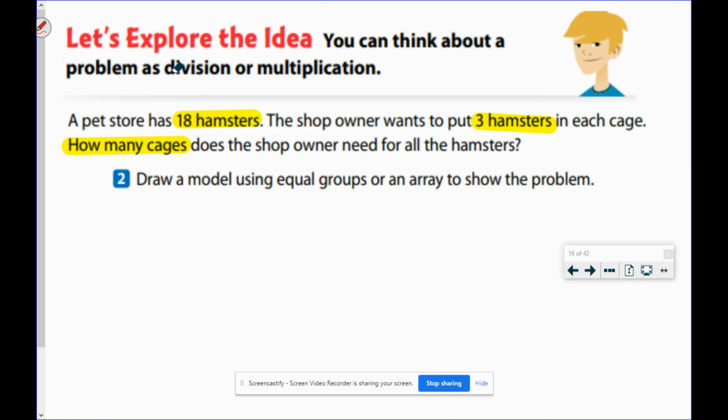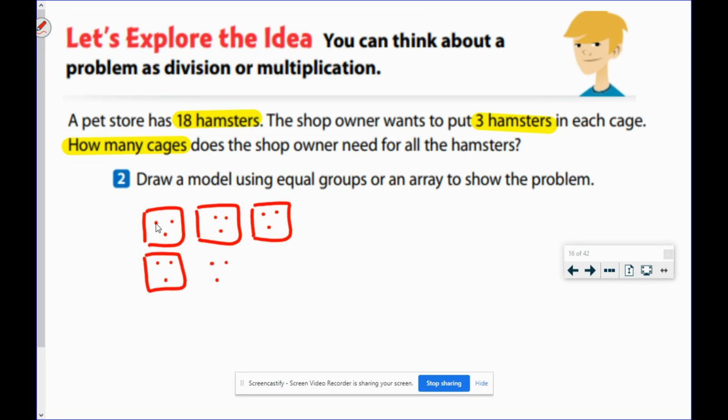So if we do equal groups, it says 3 hamsters in each cage. So 1, 2, 3, 4, 5, 6, 7, 8, 9, 10, 11, 12, 13, 14, 15, 16, 17, 18. That's my total.